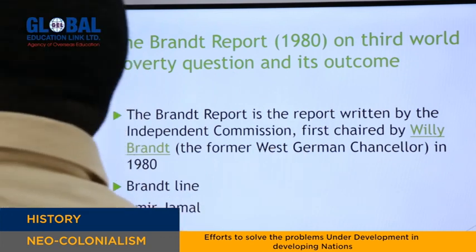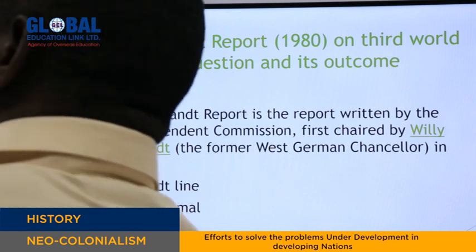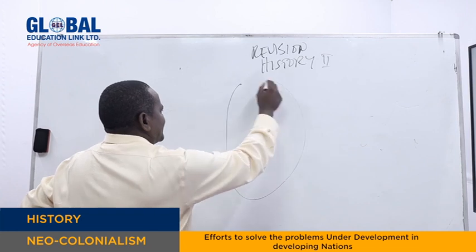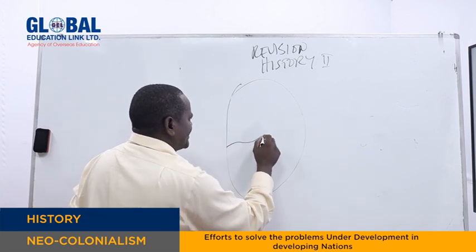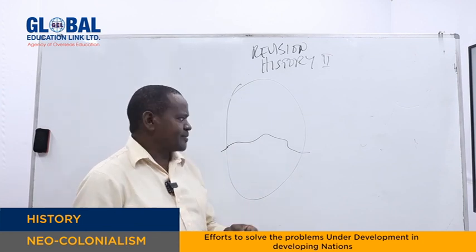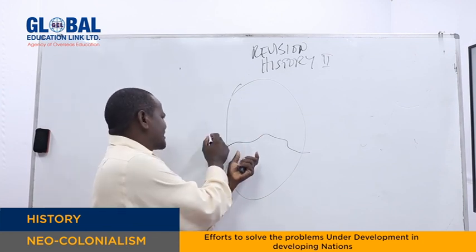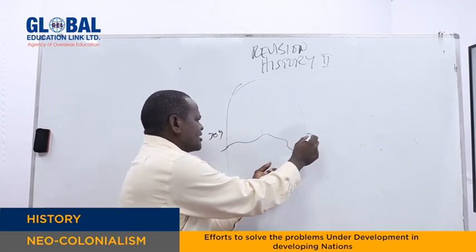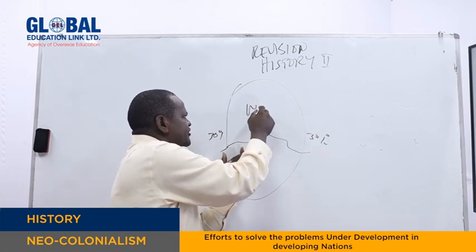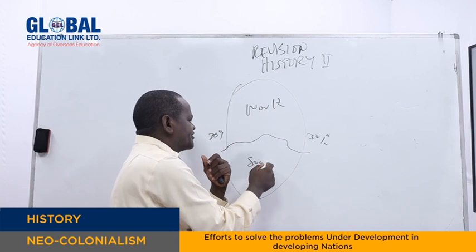The Brandt line, as we shall come to see, has divided the world into two parts. Of course, this line is not very straight, as we are going to see in the next map, but it divided the world into two parts, at about 30 degrees north, and the northern countries are rich and the southern countries are poor.